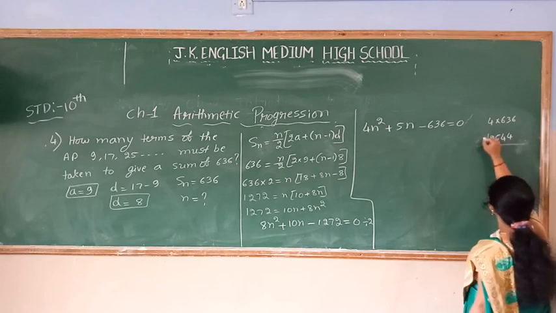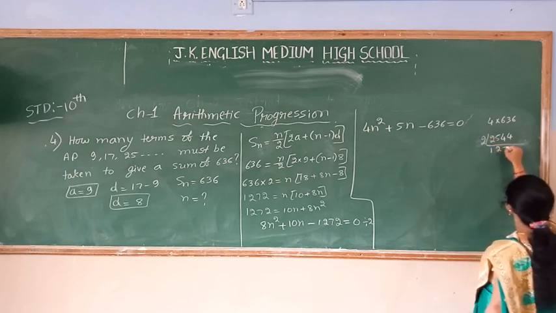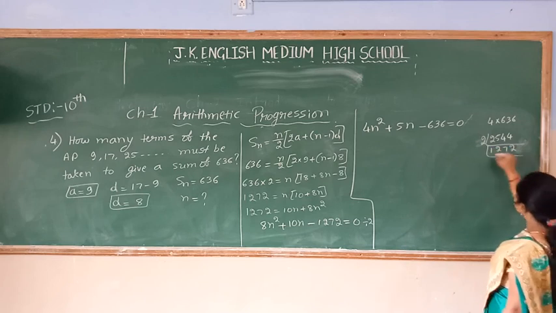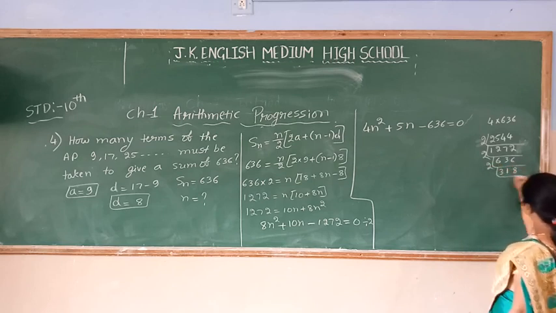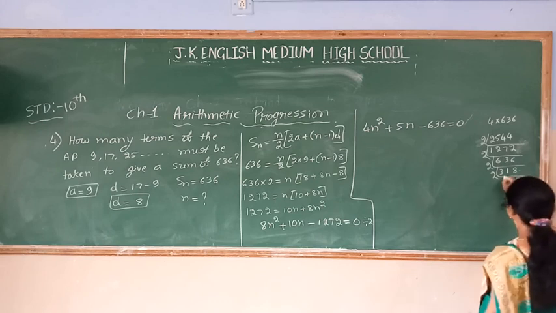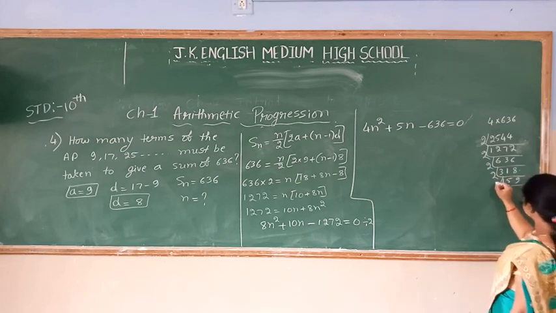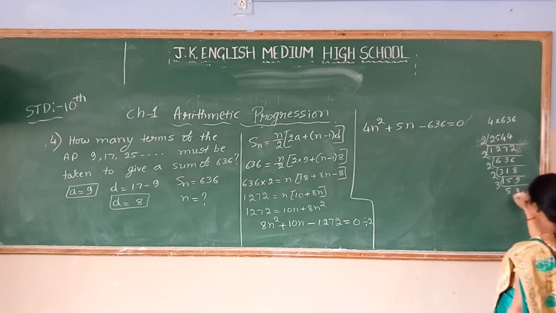So the last term: 2 1s are 2, 2 2s are 4, 2 7s are 14. So 2 6s are 12, 2 3s are 6, 2 6s are 12. Then 2 3s are 6, 2 1s are 2, 2 8s are 16. 2 1s are 2, 2 5s are 10, 2 9s are 18. Then 3 5s are 15, 3 3s are 9.